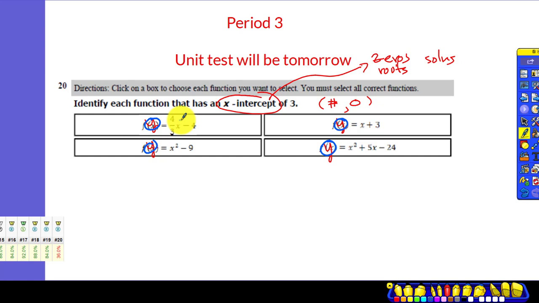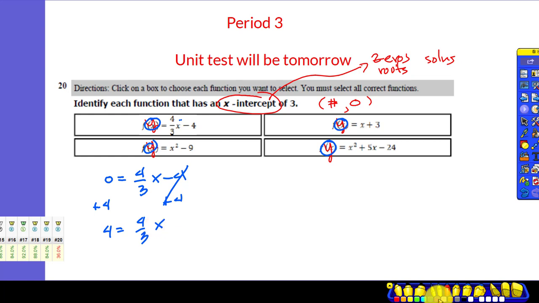So for example, for the first one, that's 0 already. We just need to find the x value so that the right side will be equal to 0. It means that we just have to undo your minus 4, so add 4 both sides. This will cancel out. 0 plus 4 will be 4. And then how do we undo our 4 terms?